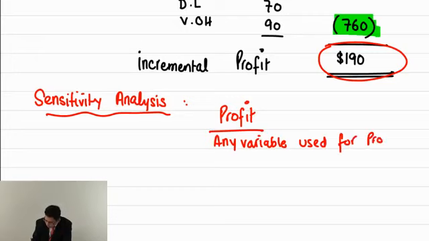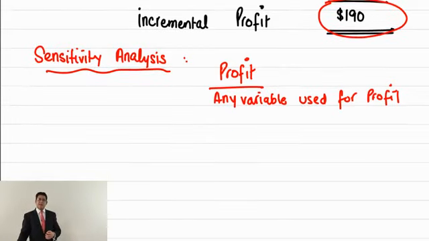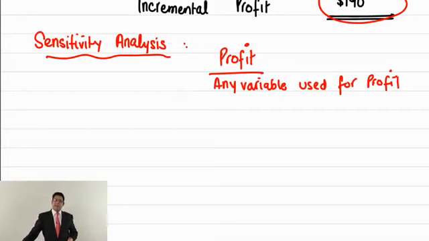Meaning, what factors did we use for profit? We used selling price, direct material cost, labor cost, and variable overheads, and those factors have generated the profit. Okay, so let's compare the sensitivity of profit to the selling price of A plus.